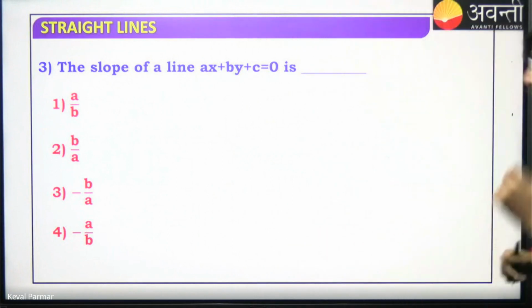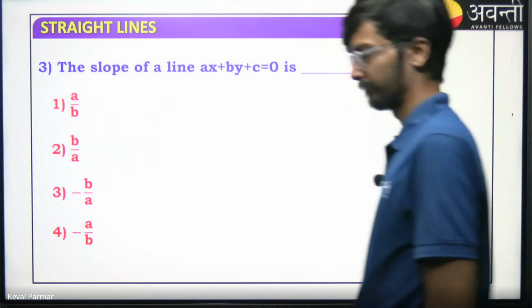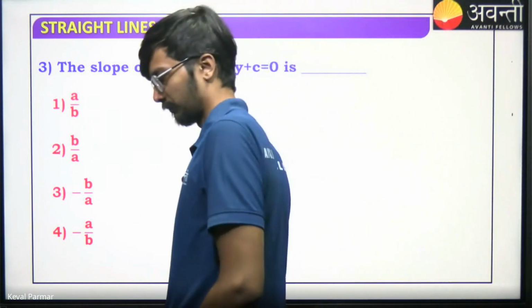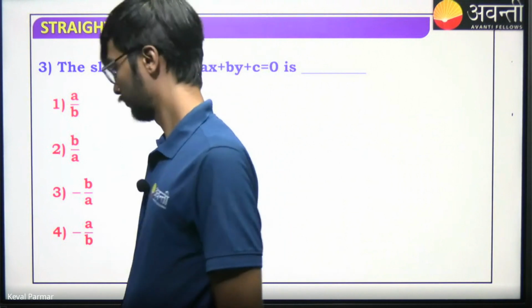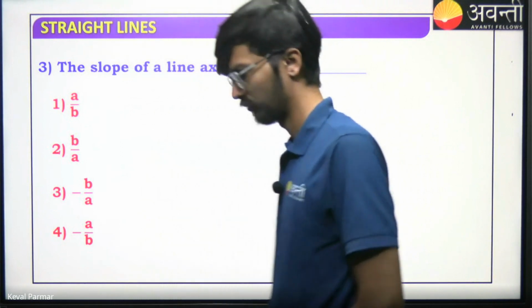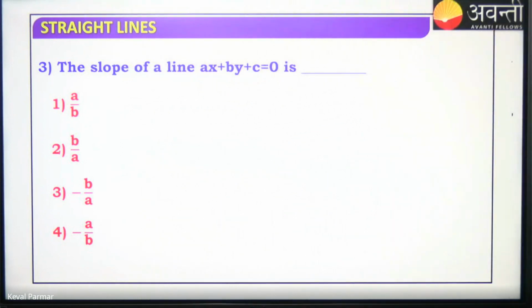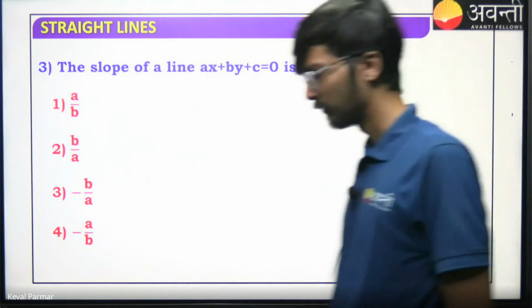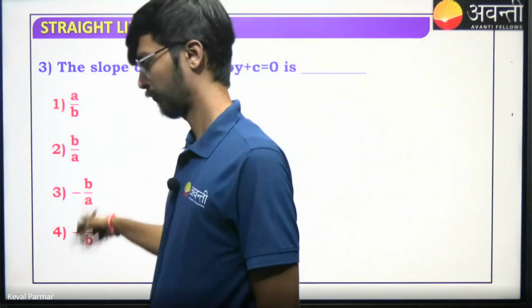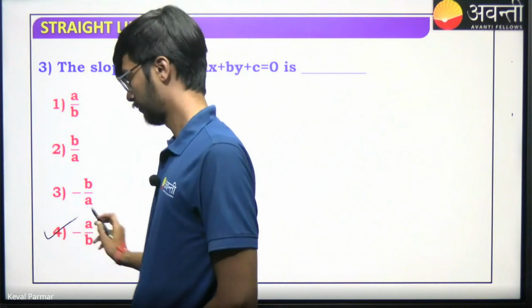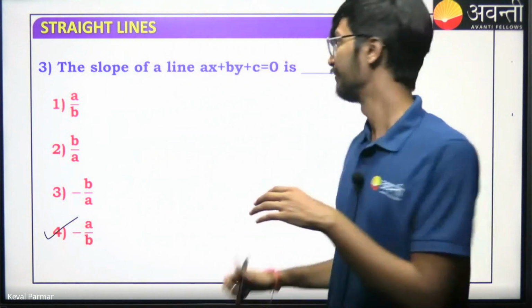Chalo. This is also very simple. What is the answer, guys? Slope of this line. How to get slope? 3 or 4. Will be 4, beta. Minus a by b. How to remember it?